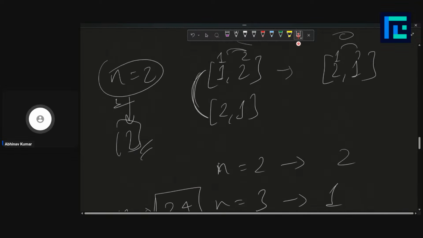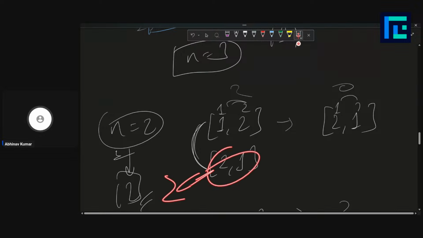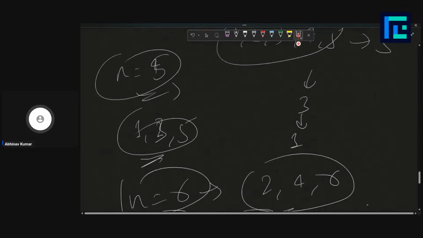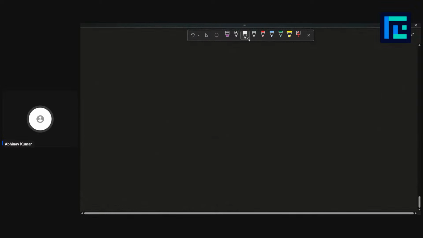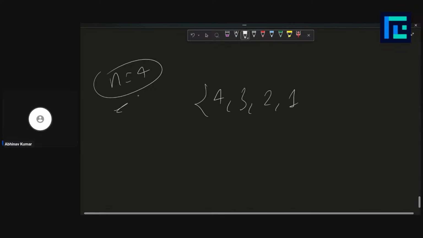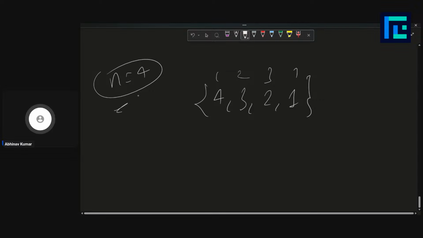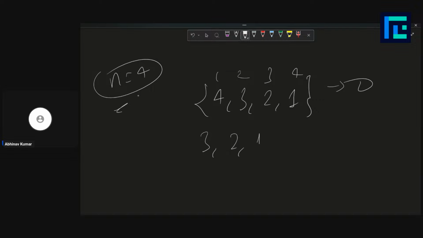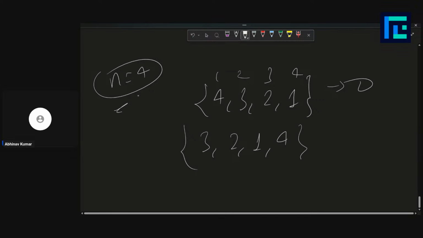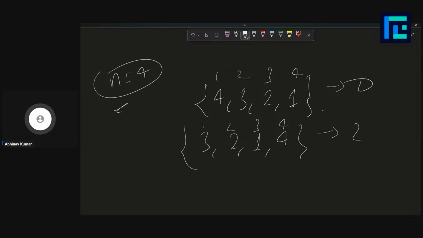For n equal to 2, you can always take 2, 1, it would give you a GP value of 2. For n equal to 4, let's see. If you take 4, 3, 2, 1, what GP value would it have? So 1, 2, 3, 4. Here FP value would be 0. Cyclic shift it. Here FP value is this 1 and this 1, 2 is the FP value.